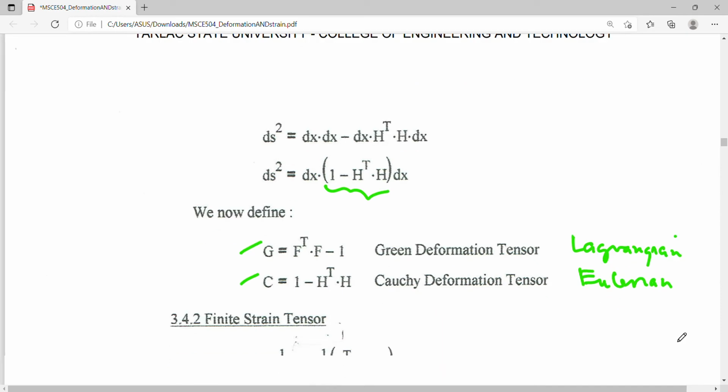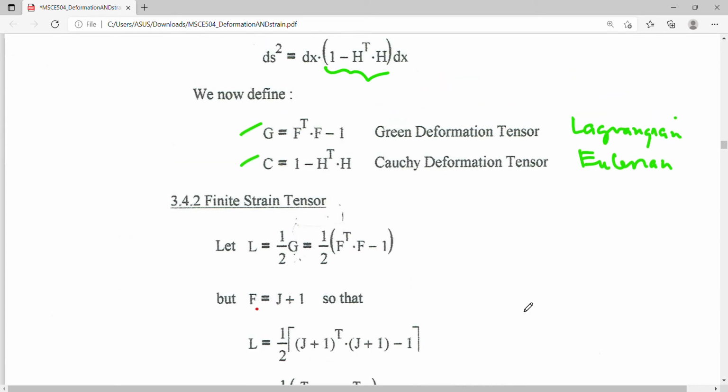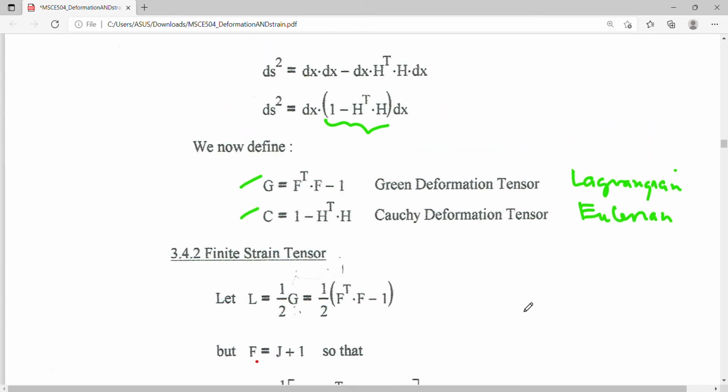Okay, for the finite strain tensor, these are deformation tensors. So we have already described the material gradients.